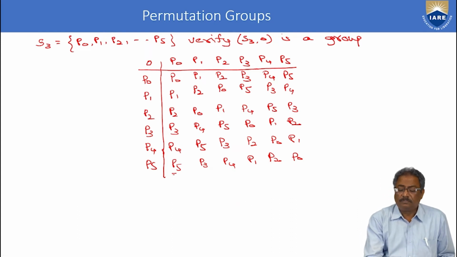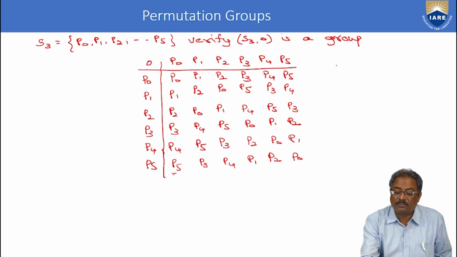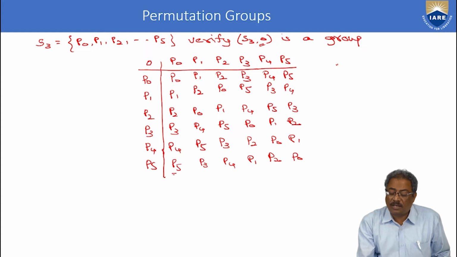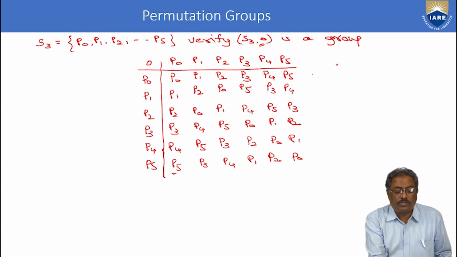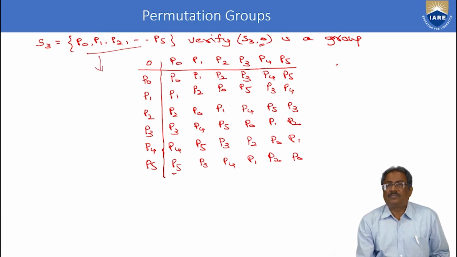Now, first of all, we have to verify whether S3 under the binary operation composition is closed or not. Closed means if you take any two elements from this set and apply the binary operation, the result is also in the same set.